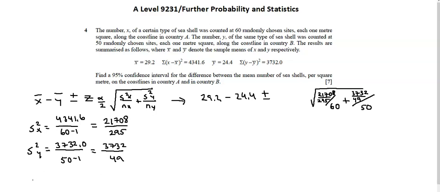Now we want to look up our z-score. And I'll note this over on the left. This is sort of input that we could get before setting up the equation. So I have my setup over on the left and then my inputs on the right. So I'm looking for a z based on my confidence interval, 95% confidence interval. So I'm going to divide by 2. Now what am I dividing by 2?